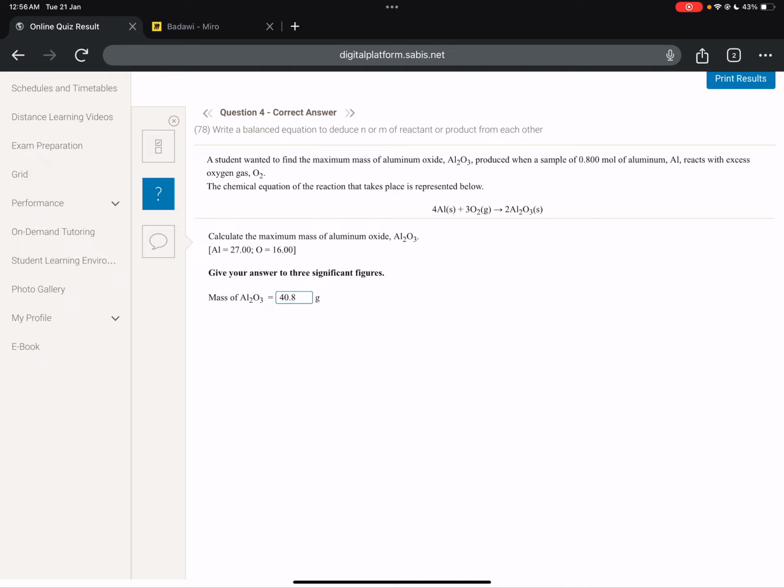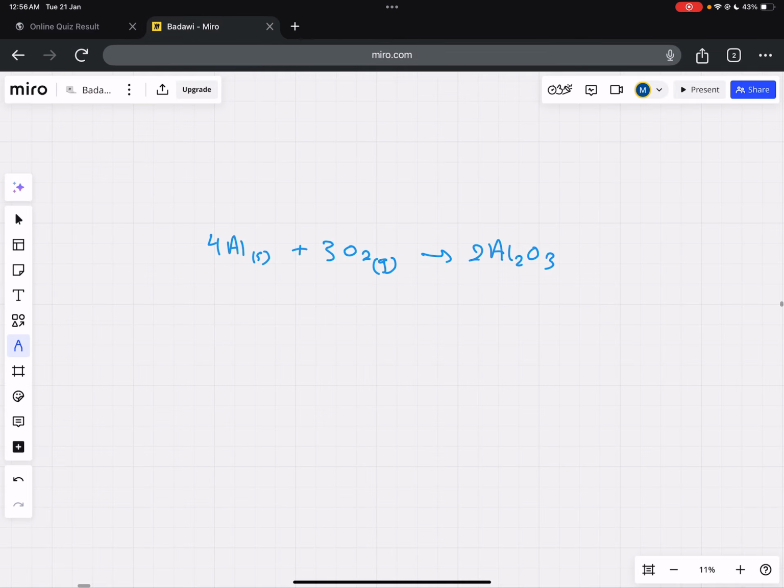I want to find the maximum mass of aluminum oxide. So I used 0.80 mole, as you can see here, 0.80 mole of aluminum. I'm going to put first the given, which is 4 moles of aluminum gives us 2 moles. Now we're reacting 0.8, which will give us how many moles? I will cross multiply, and I will get 0.4 moles. However, am I done?